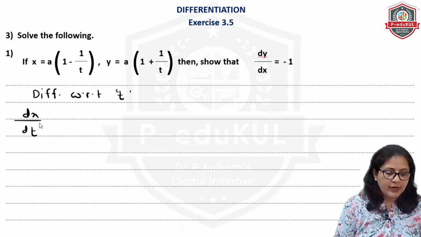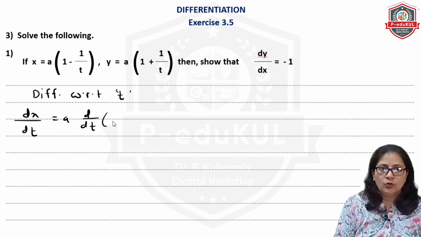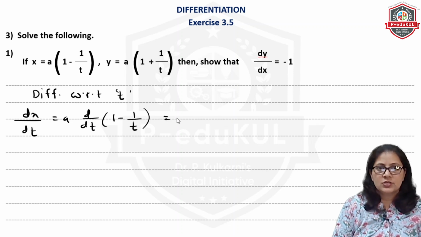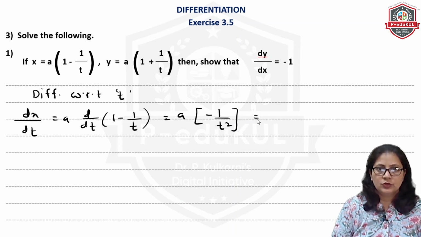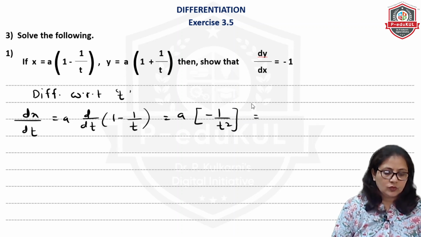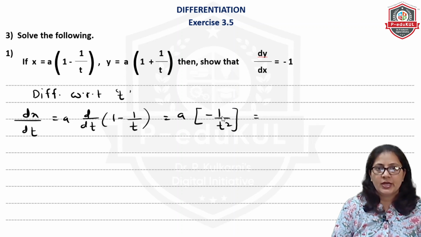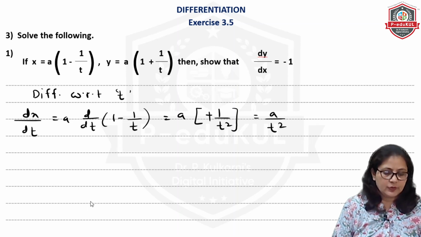So now my dx by dt is equal to a into d by dt of the whole bracket. Okay, so this will be a, derivative of 1 will be 0 and derivative of 1 upon t will be minus 1 upon t square. So this will be minus into minus 1 upon, so this will be plus, and that is nothing but a upon t square.